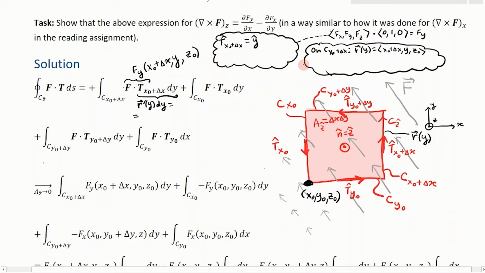Either approach is totally fine. I'm explaining several approaches so that if one doesn't convince you, maybe the other one will. Okay, so this is your r of y, and as a result, r prime of y is going to be 0, 1, 0.